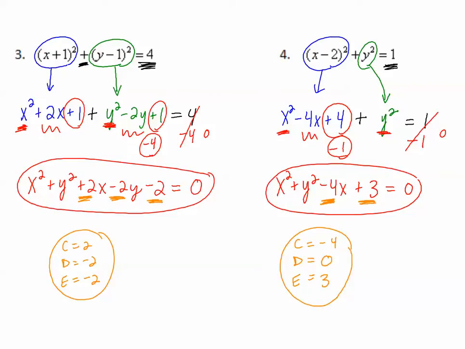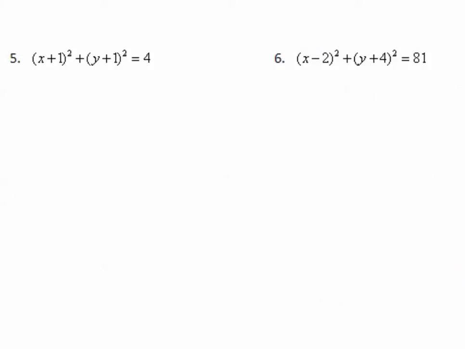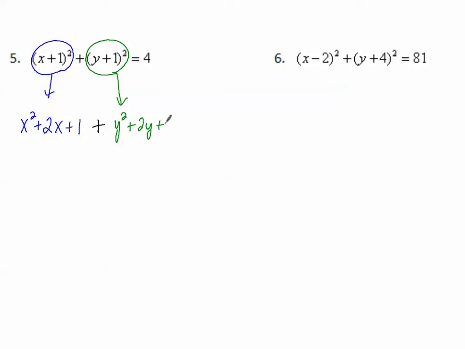Got it. Just a few more left. Expand the x's. X squared plus 2x plus 1. Put the plus in between. Expand the y's. Y squared plus 2y plus 1 equals 4. Don't forget about the rest of the equation. Now we rearrange. X squared plus y squared.